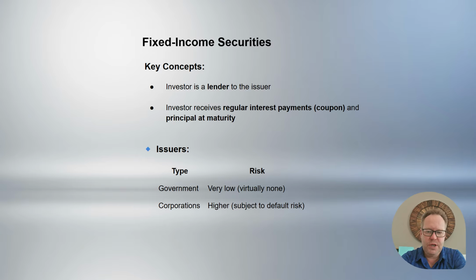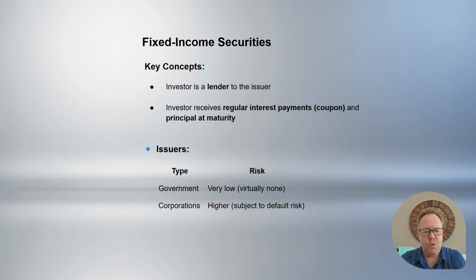Corporations also issue fixed income securities. They would typically be considered a higher risk than a government fixed income security. The repayment is based on whether or not the corporation, the company, pays back its debts. Again, most fixed income would be more secure or safer than most equities or stocks.